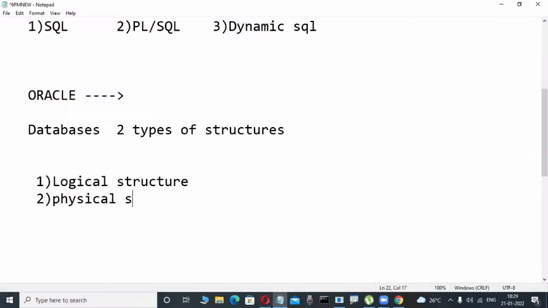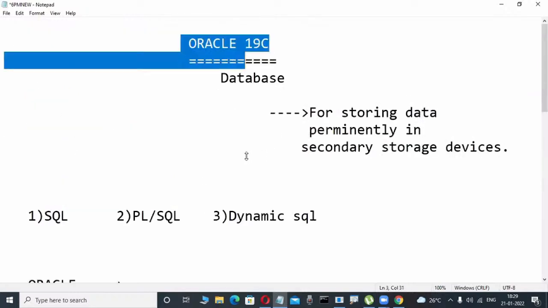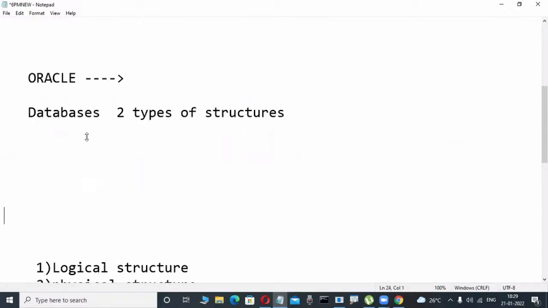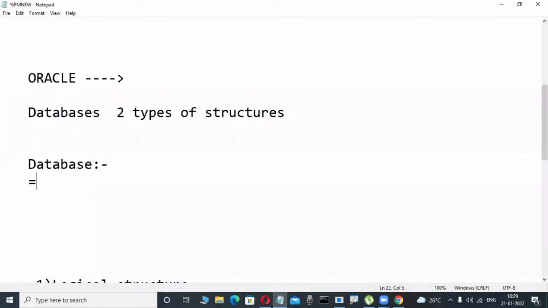Before we tell what is the logical and what is the physical structure in these types of database software, consider the database definition in books. Many fellows write it like this. Today at least you will understand. What is a database?